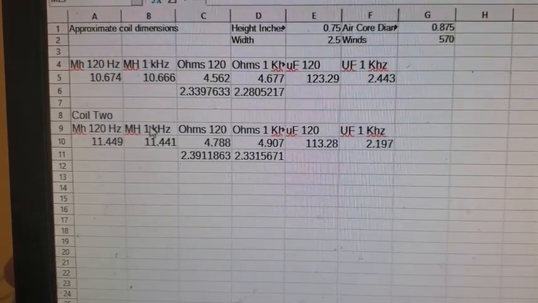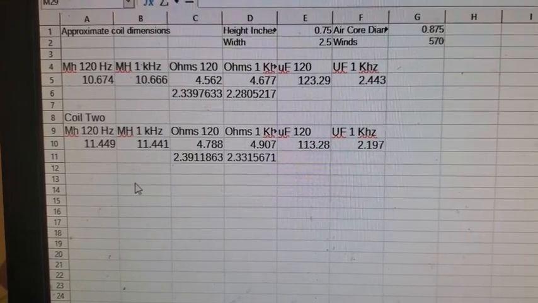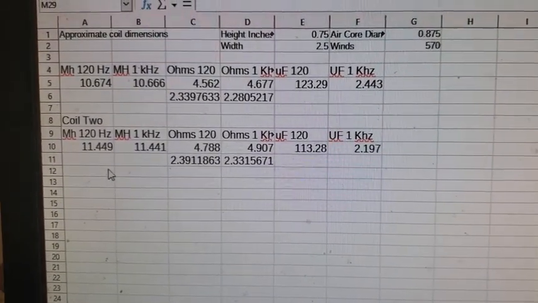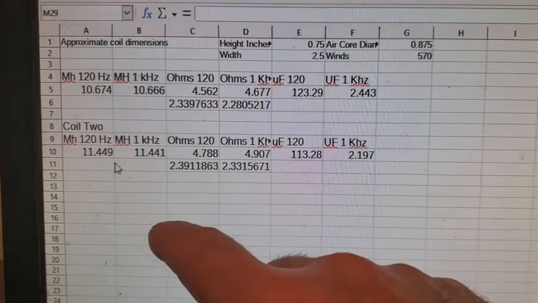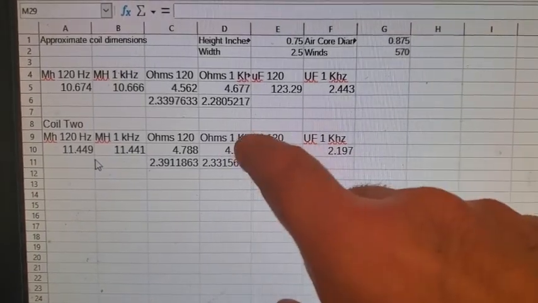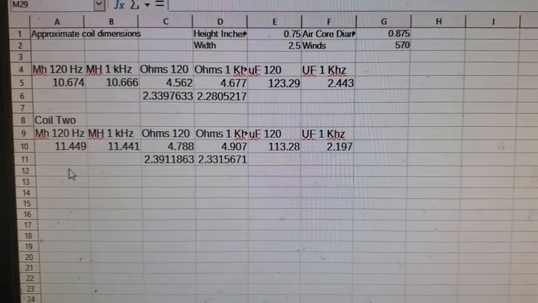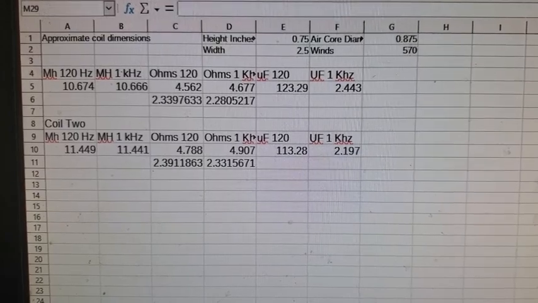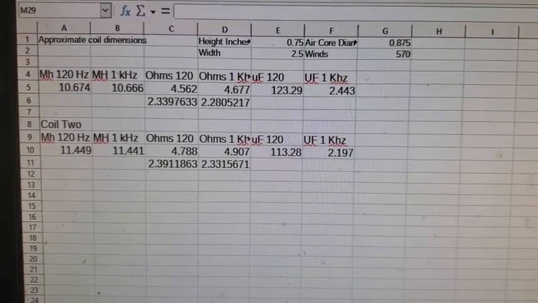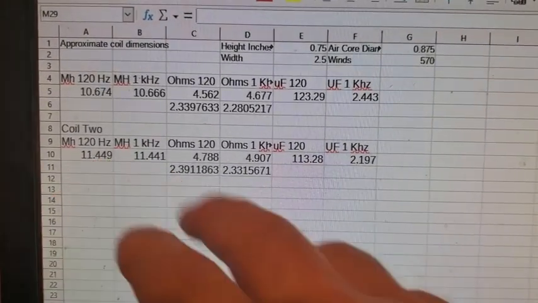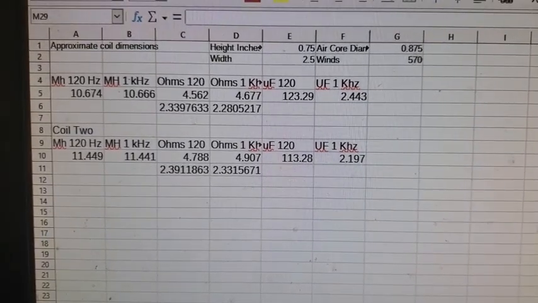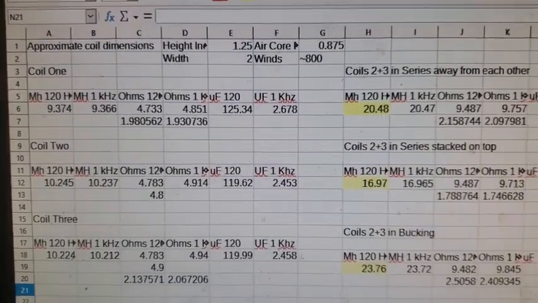So if you ran the machine off a cap, the cap goes down less for charging another cap from 0 to 10 volts when you have this at 11.449 versus 10 whatever it was before. It's not dramatic, but it's there, and that makes sense, and that's good. And so I'm happy about that.